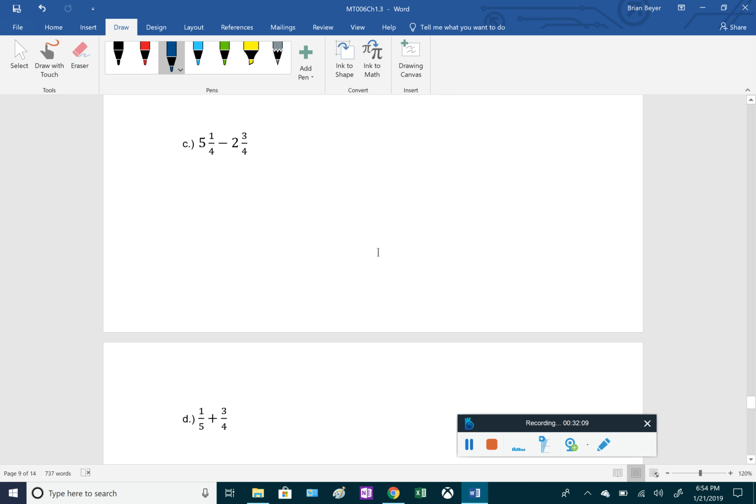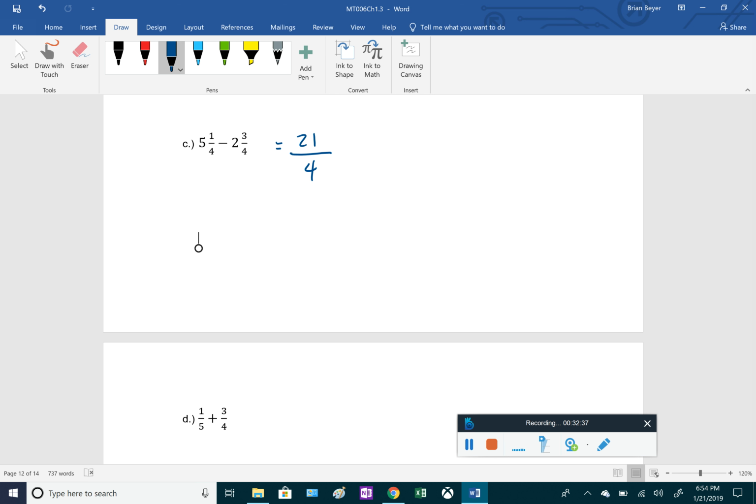And for C, we have mixed numbers again. Technically, we don't always have to switch for adding and subtracting, but we could come across some issues doing it that way. So let's just convert this to an improper fraction, and we don't have to worry about it. 5 1/4 as an improper fraction is going to be 5 times 4 is 20, so 21, add the 1 over the 4.